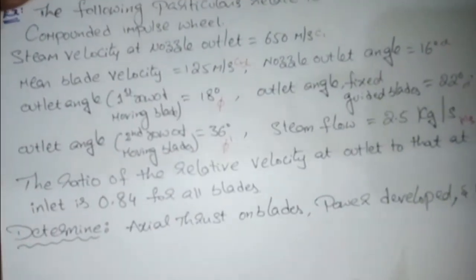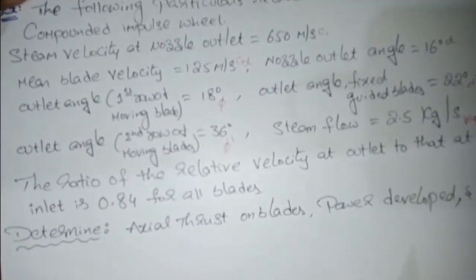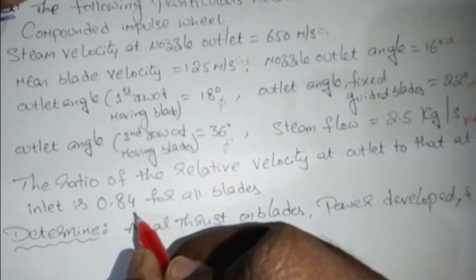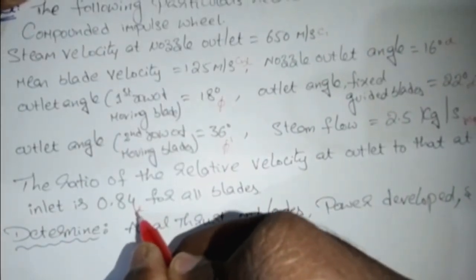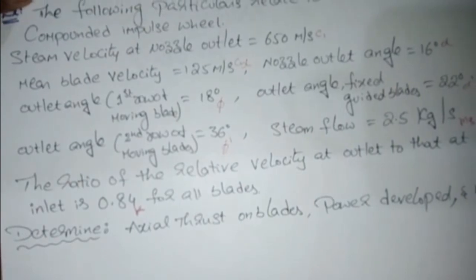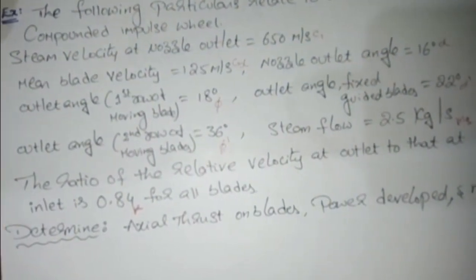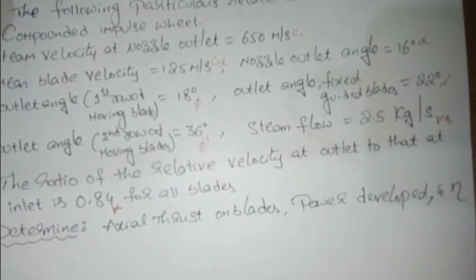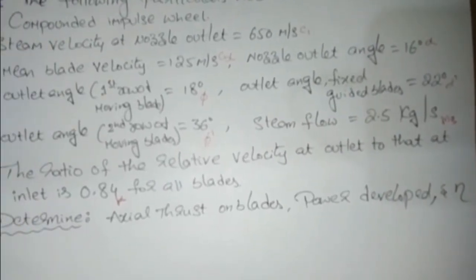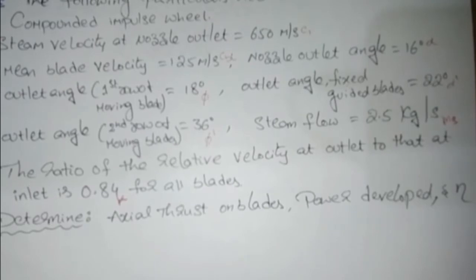Here all blades means first set and second set. Here this is K. We have to determine axial thrust on blades, power developed and efficiency of the blade. So let us solve the problem.